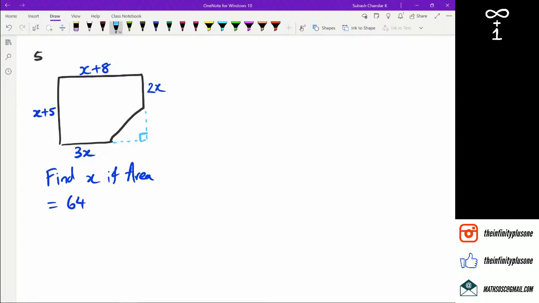Did you split it into 3 parts, or how did you do it? Or did you go the big rectangle minus the little triangle? Oh, yeah, so you did go big rectangle minus the little triangle.